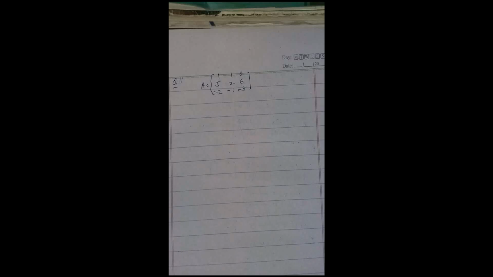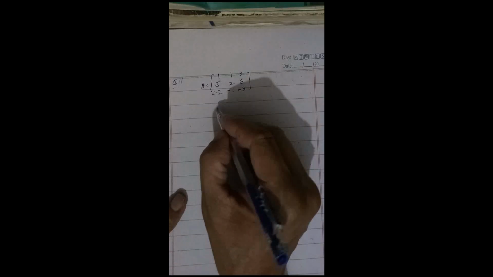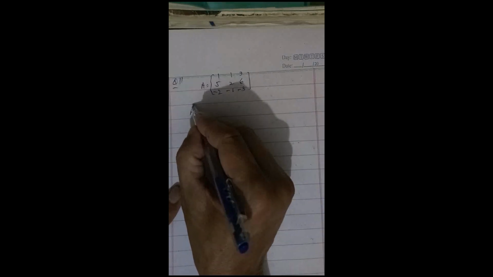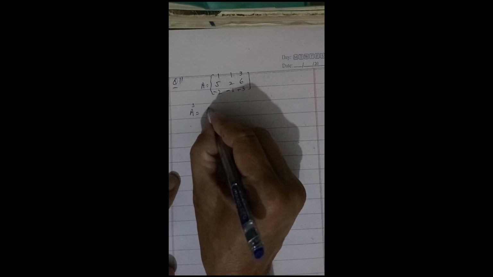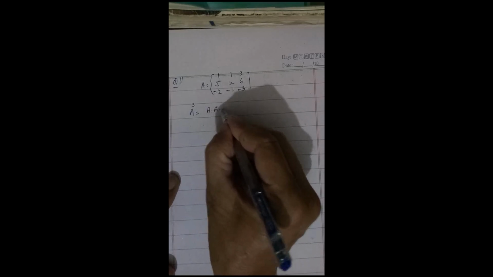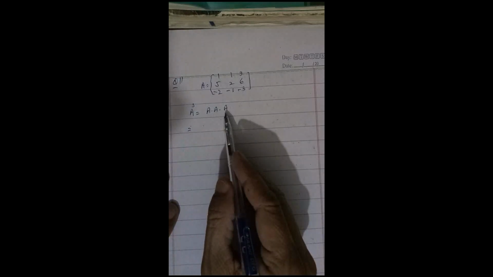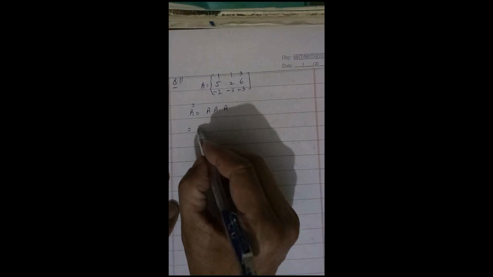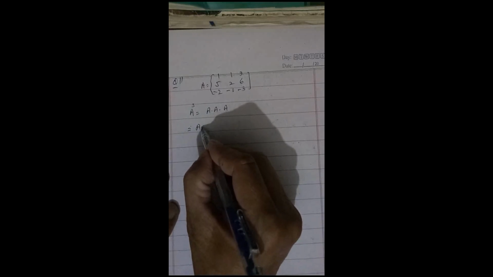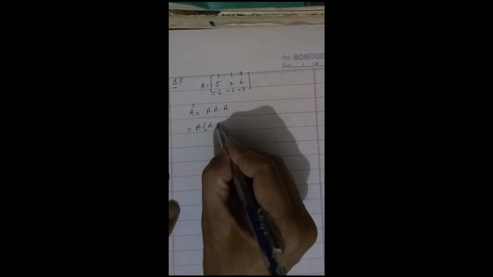In this question we find the value of A cubed, A's power 3, and we solve it as A into A into A. The matrix A is multiplied 3 times, and we get A's power 3. First we multiply two of them, A into A, and then with the third A.